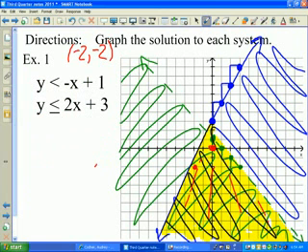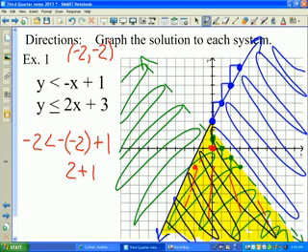So where I see a y, I'm going to put a -2, and where I see an x, I'm going to put a -2. For the first one, I have -2 is less than negative times -2, because remember that -2 is only going in for the x. Negative times -2 gives me a +2, plus 1. So now I have -2 is less than 2 plus 1, which is 3.